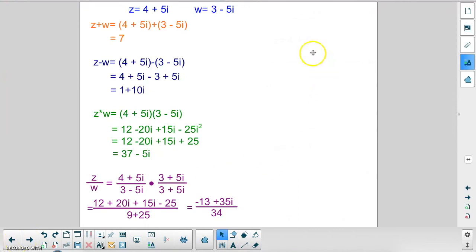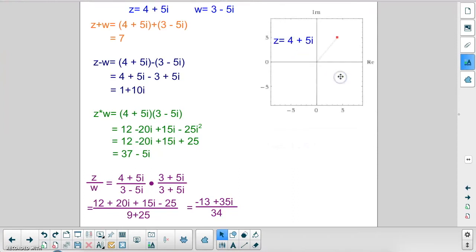To graph these, you need to look at each real part and imaginary part. In the complex plane, the real axis is your x-axis, and the imaginary axis is the y-axis. So the real part is like your x-coordinate. The imaginary part is like your y-coordinate.